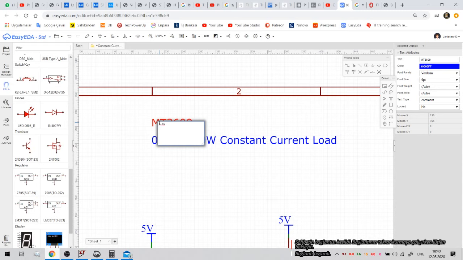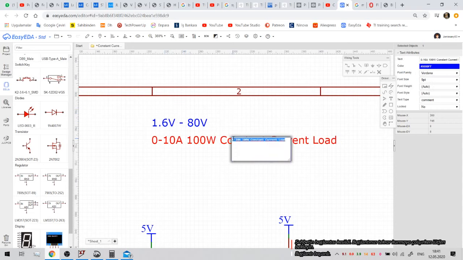Maybe it can be 1.5 volt also. For now it can be up to 80 volt also. But you cannot do that.